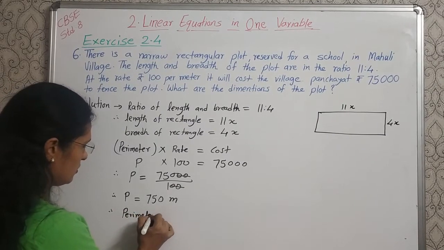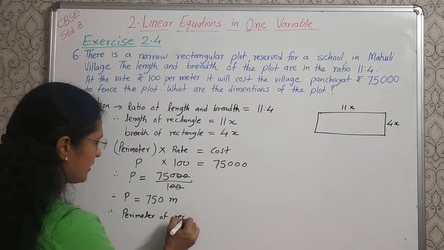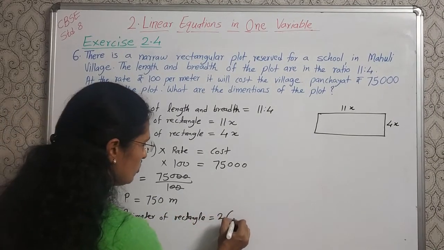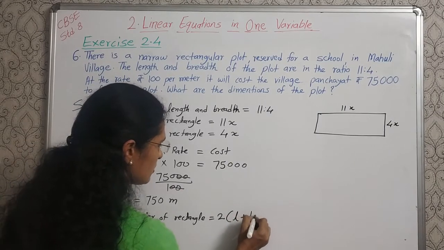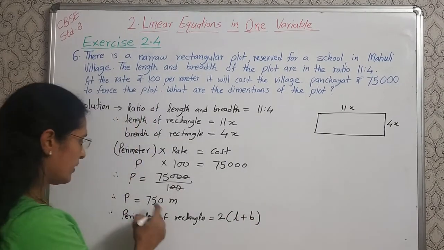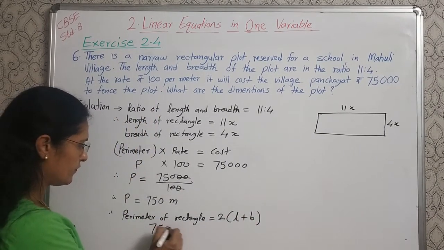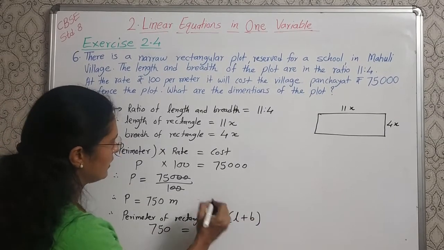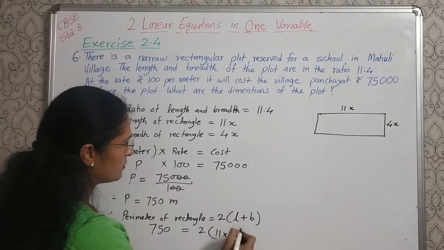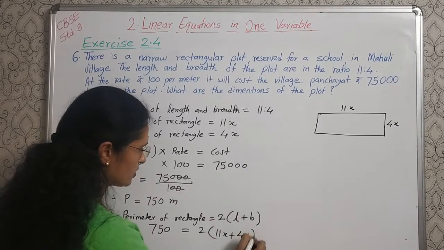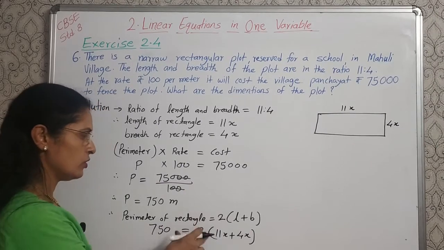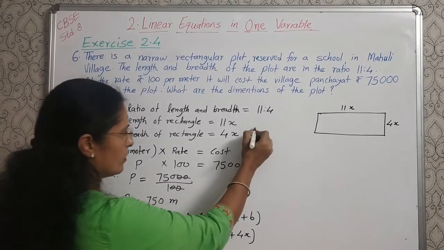Perimeter of rectangle is equal to 2 times (length plus breadth). Perimeter is 750, length is 11x and breadth is 4x, and this is the linear equation in one variable. Now we will solve this equation.